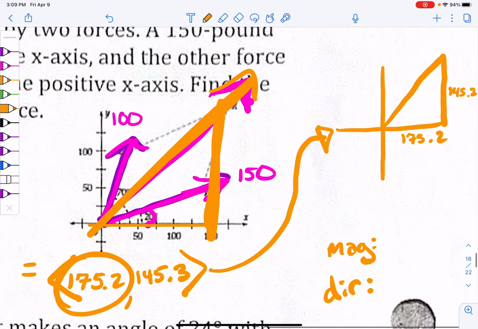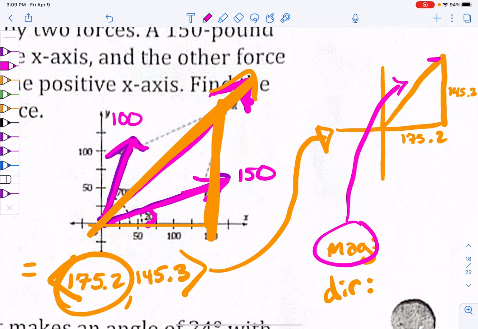To find the magnitude, remember that magnitude is just this length here. So we just do the Pythagorean theorem: 175.2 squared plus 145.3 squared, and then the square root of that. That's going to give me my magnitude.